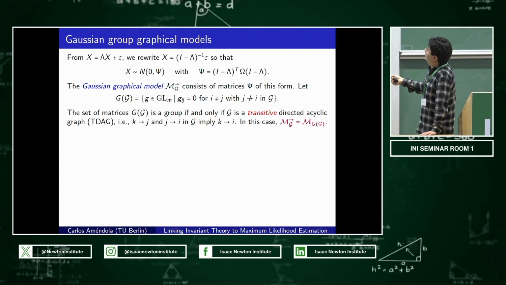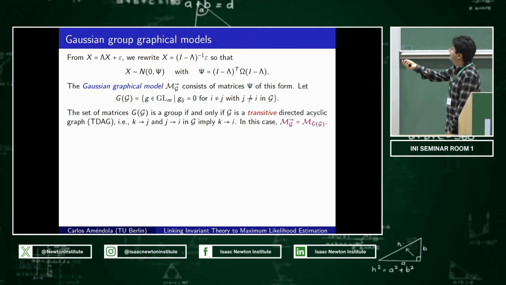This is what's called a TDAG, and a TDAG is what you would expect: if there is an edge between k and j and another edge between j and i, then there's going to be an edge from k to i. In this case, you can show that the model is actually a Gaussian group model for this particular group.